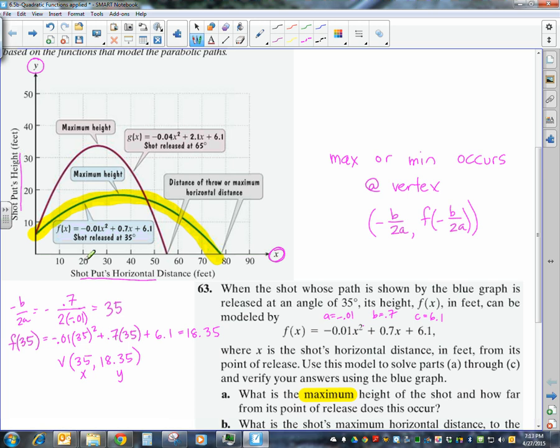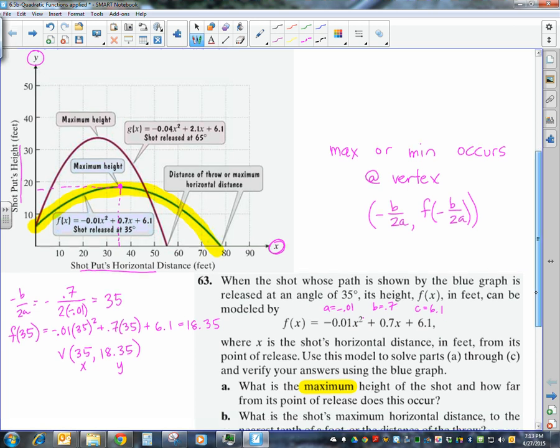If I graph this, I go 35, which is about halfway between, and go up to where he's marked that maximum height, and go across. That's at 35, and 18.35 looks about where that is.